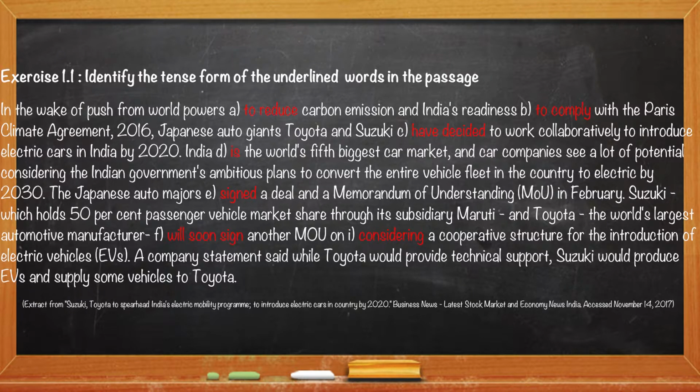A company statement said while Toyota would provide technical support, Suzuki would produce EVs and supply some vehicles to Toyota. And look at the reference here. Identify the tense form of the underlined words: to reduce, to comply, have decided, is signed, will soon sign, considering.